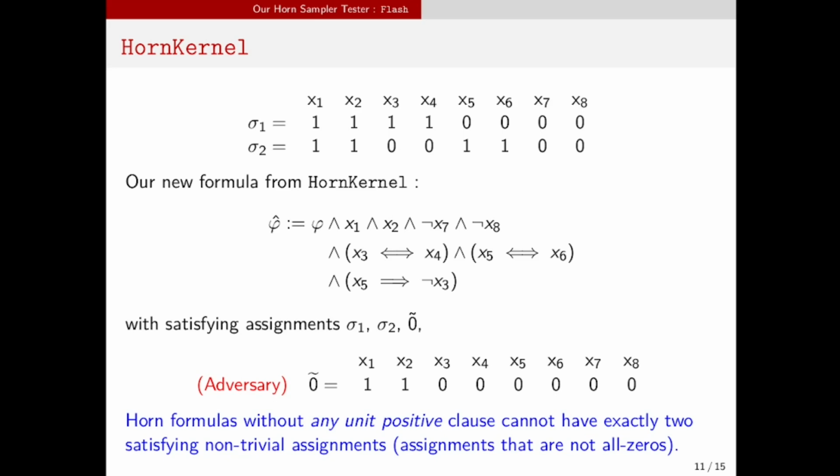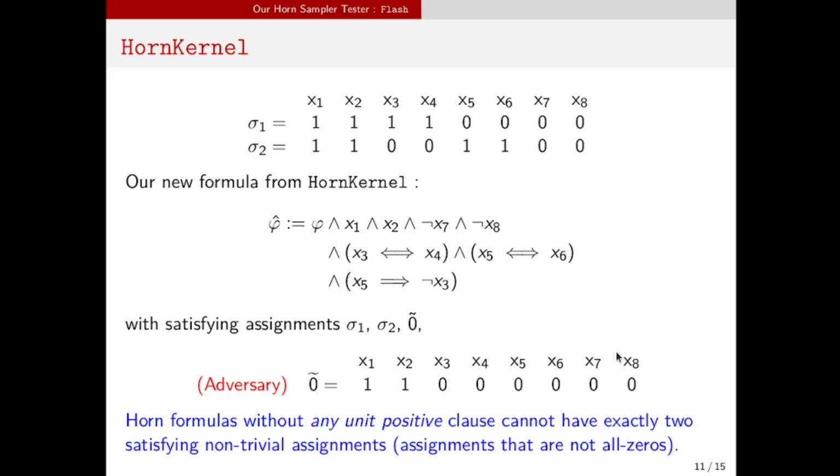When we try to come up with a conditioning set consisting of only two satisfying assignments, sigma 1 and sigma 2, we actually end up with a conditioning set having three satisfying assignments: sigma 1, sigma 2 and 0 tilde, where 0 tilde is a satisfying assignment with ones only at those places where both sigma 1 and sigma 2 are 1, and 0 at all the other places.